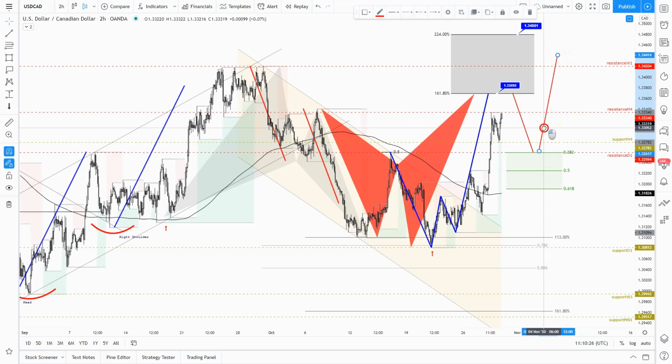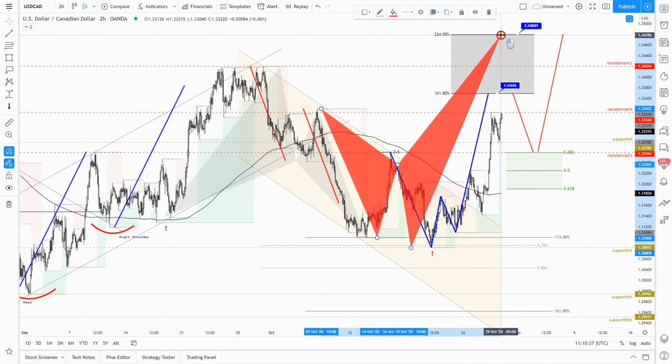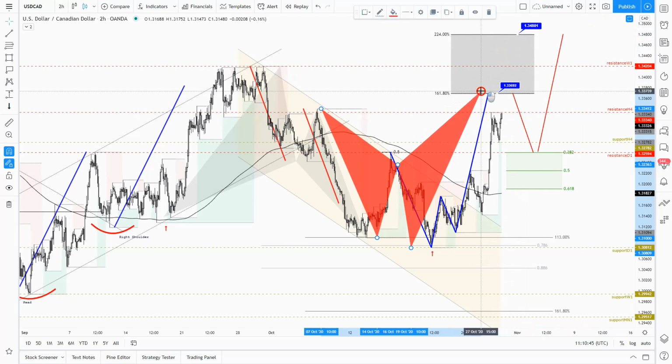That's one of the reasons why I said before, attention, because it's not the first time the market will later search for the 224% Fibonacci extension. If the market fails to go there directly, and it can happen, also go directly to those levels and above the weekly fractal, that will depend.